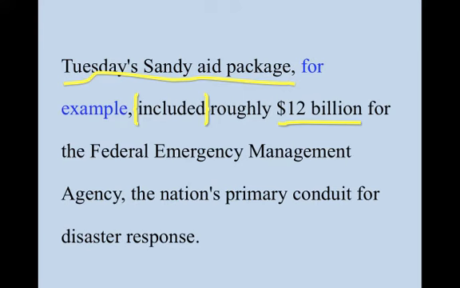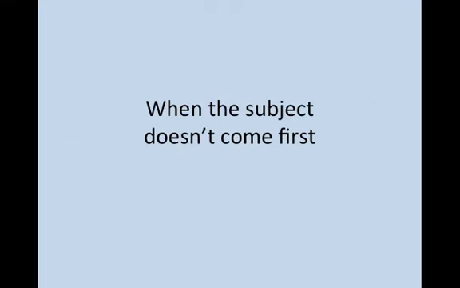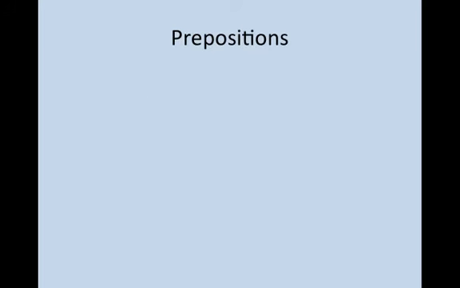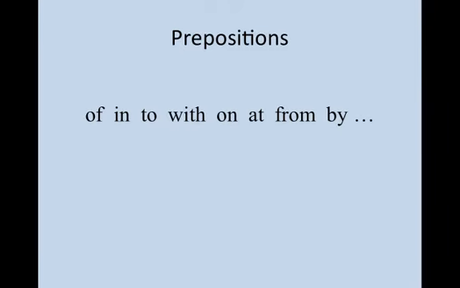The main editing issue is to have an intuitive feel for the subject and verb, because they have to agree in number. Sentences are harder to understand when they start with something before the subject. Usually, that's a phrase with a preposition or participle. Prepositions are words such as of, in, to, with, and then it goes on for a long list.